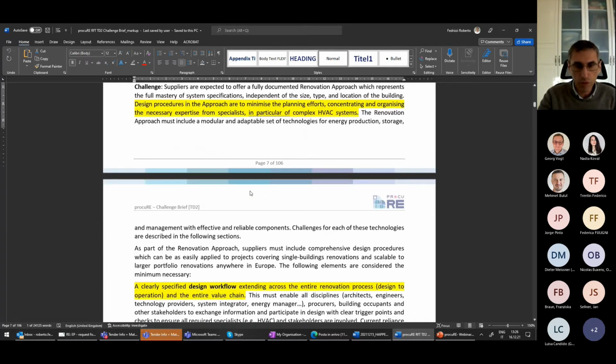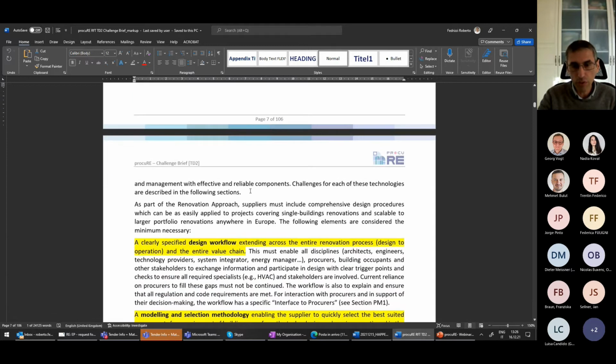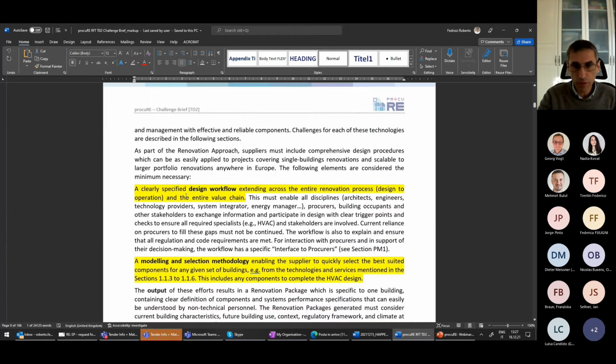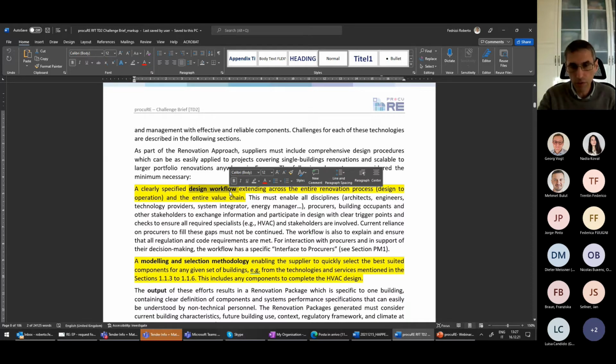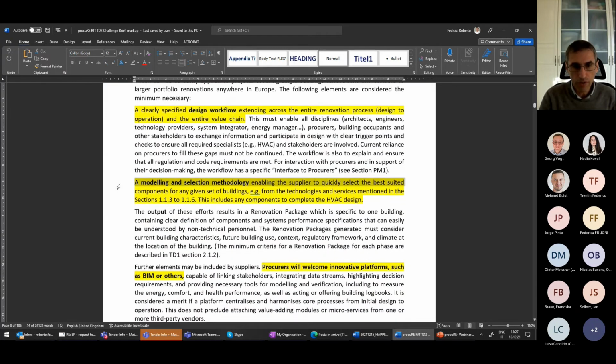So what we would like the suppliers to do is to brainstorm and propose well-structured design workflows that also take into consideration the interaction with the procurers. We would like to have modeling and technology selection methodologies well highlighted within the design procedure.